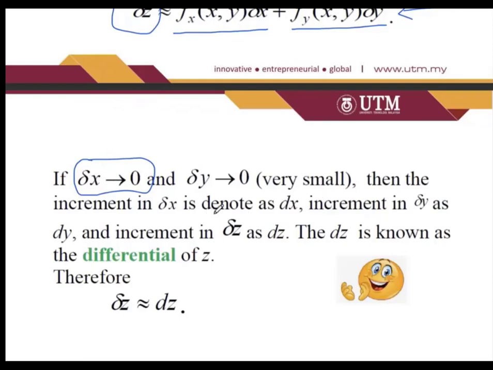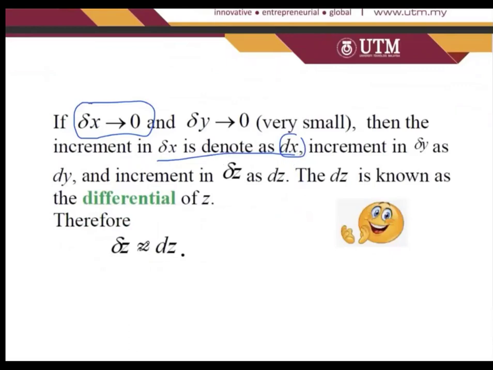Then you also can denote it as dx. We can say del z approaches dz, which means the same, close to. So you can use dz, and if you want to use del z, also can. Both can, del z or dz.